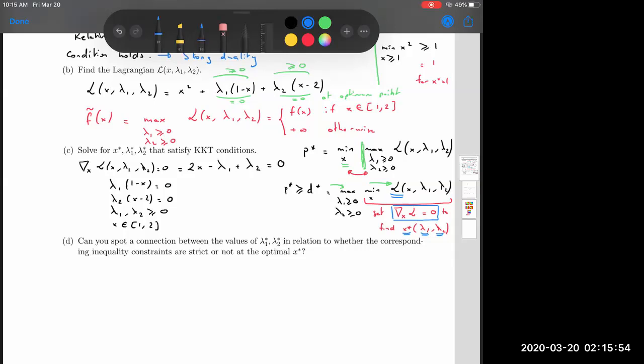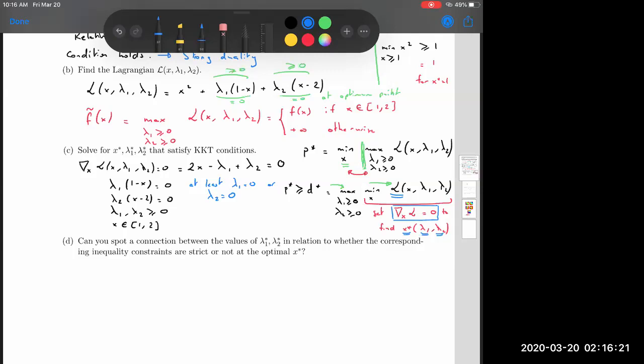So here you can see that x cannot be equal to 1 and to 2 at the same time. So you need at least lambda 1 or lambda 2 to be equal to 0. Maybe both are equal to 0 and x is not equal to 1 or not equal to 2.